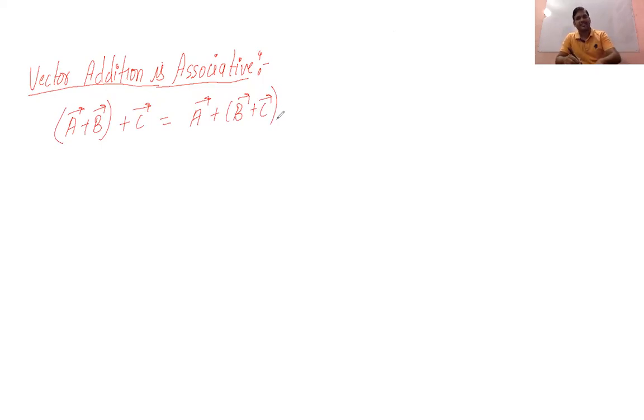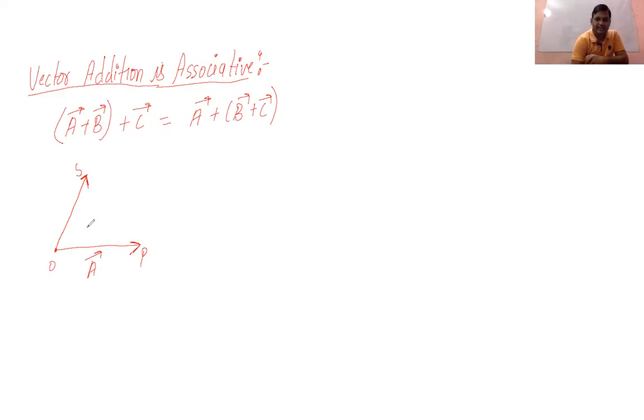So how can we prove it? Suppose this is point O, and here is a vector, let's say A vector, and we make it point P. And there is another vector, you can say this is S.